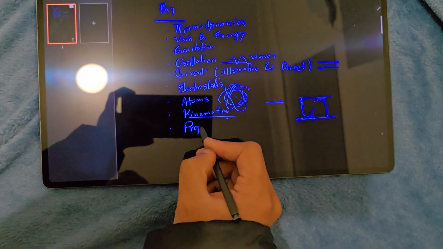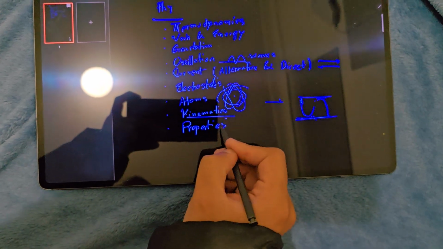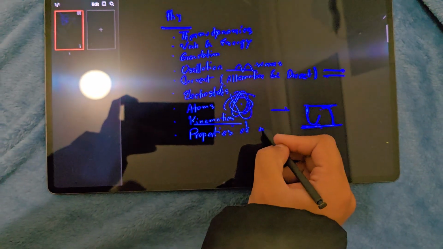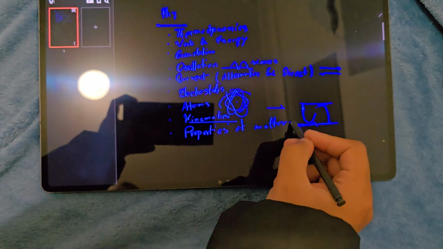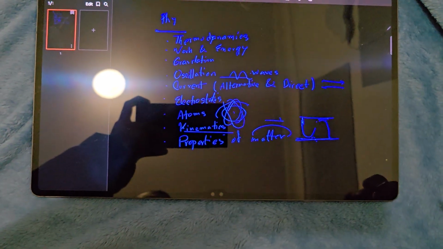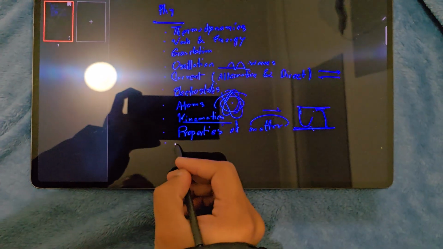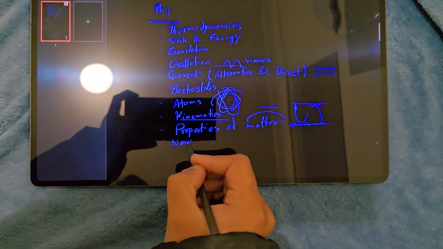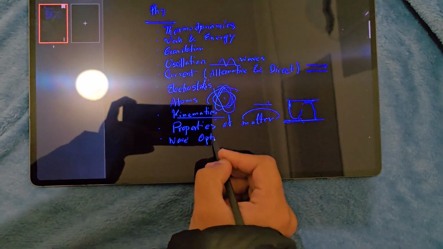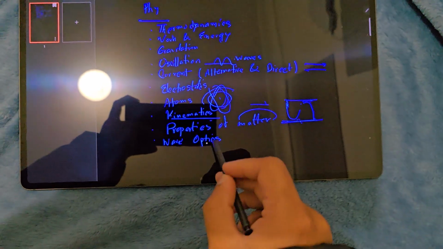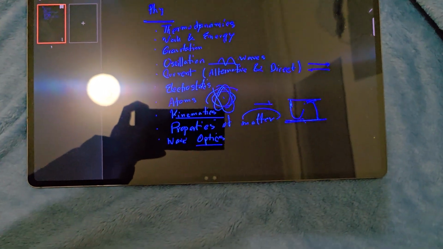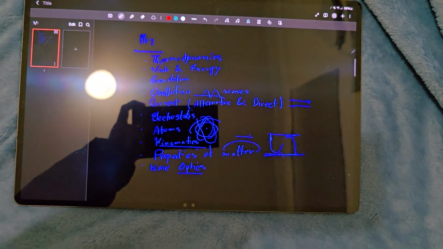So properties of matter is a very important topic. How the matters work, how the matters react, how the matters bond. Then comes wave optics, right? Because that's how the light does move.